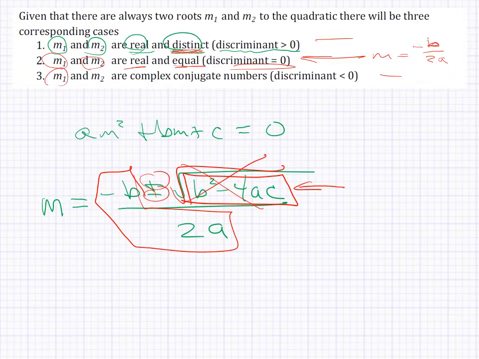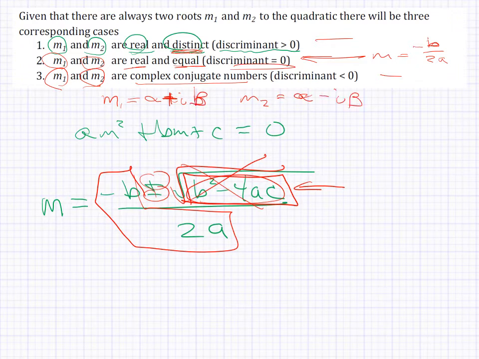Third scenario is m1 and m2 are what we call complex conjugate solutions. That happens when the discriminant is negative. We then take the square root of a negative number, so imaginary numbers have to come into play, and we get complex conjugates, where m1 equals alpha plus i beta, and m2 is alpha minus i beta.